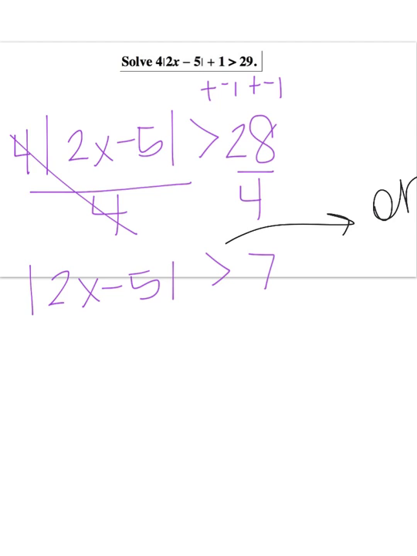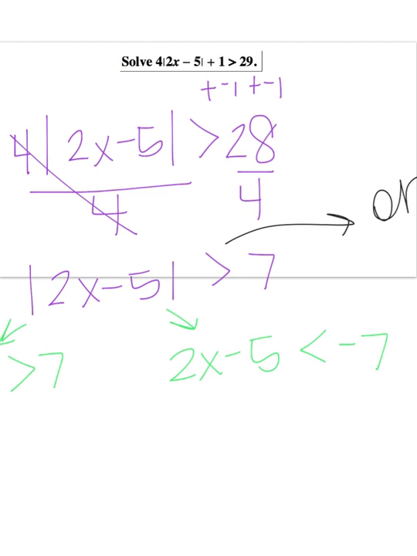So we're just looking for either answer. So let's go ahead and break it apart. And let's find our two inequalities. So the first one I'm going to have is 2x minus 5 is greater than 7, and the other one is 2x minus 5 is less than negative 7.